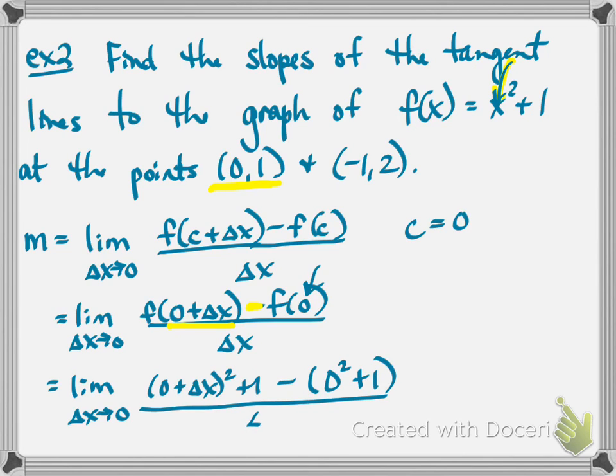All over delta x. So if we clean this up a little bit, 0 is such a nice value to work with. 0 plus delta x is just delta x. Plus 1. 0 squared plus 1 is just 1. And I've got a minus in front.